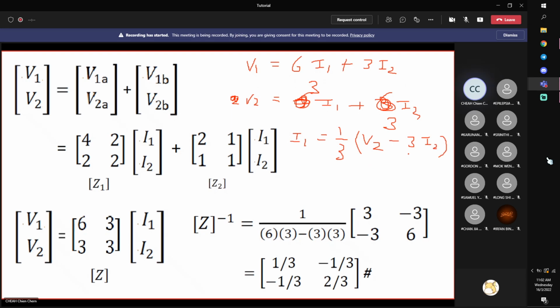So I express I1 in terms of V2 and I2. Then I substitute into the other equation, and I'll only have V1, V2, and I2. Then you can rearrange the equation to get I2 in terms of V1 and V2. So basically it's just solving the equations, but instead of constant values, leave them as variables. That's what modeling is about. Leave them as general variables and express I1 and I2 in terms of V1 and V2.